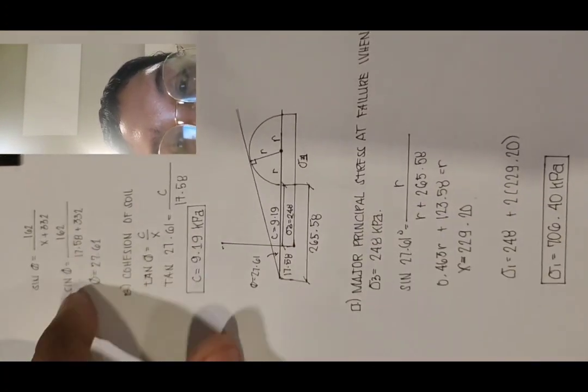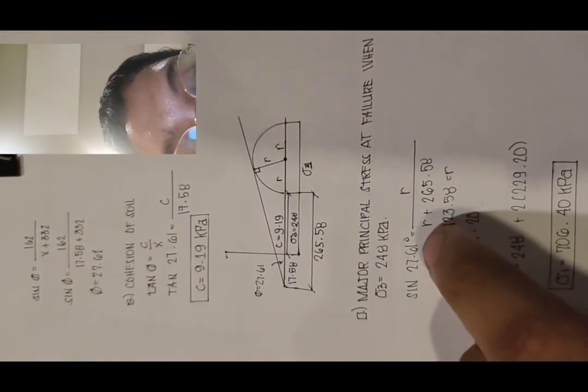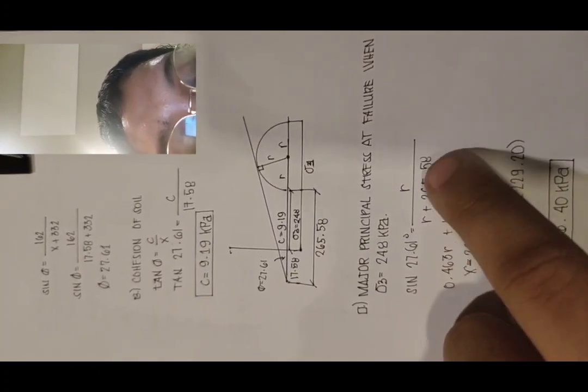Next is letter C, major principal stress at failure when sigma 3 is equal to 248 kPa. So we have sine 27.61 phi is equal to R all over R plus 265.58.